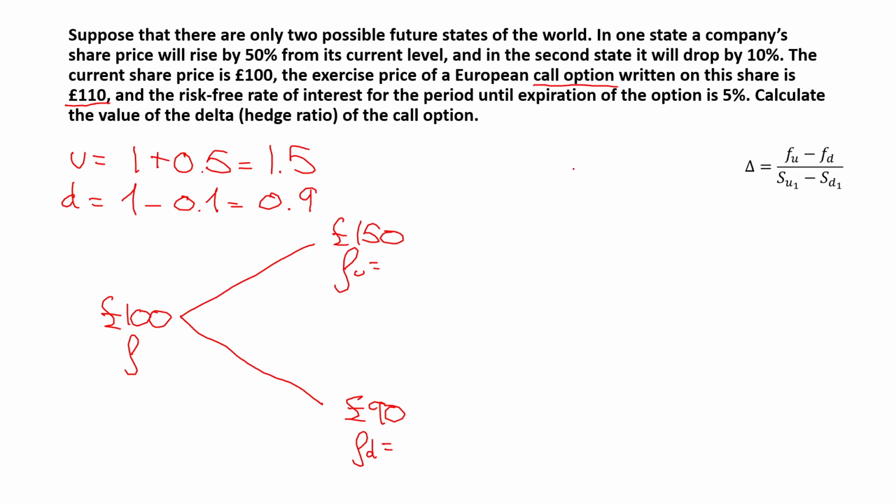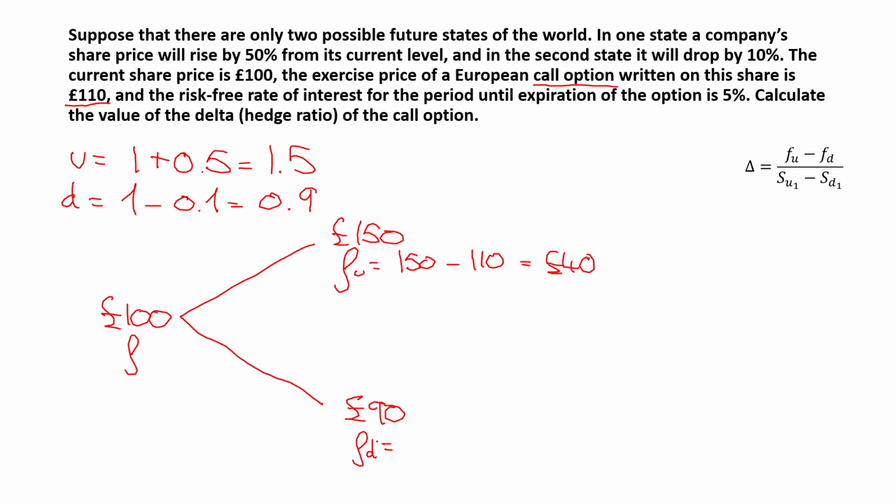Therefore, the investor is only going to exercise the option when he's making money. So FU is going to be the share price minus the exercise price. The share price is higher than the exercise price, so the investor would be making money and exercises it, getting 150 minus 110, which gives us £40. So £40 is the value of the call option at FU.